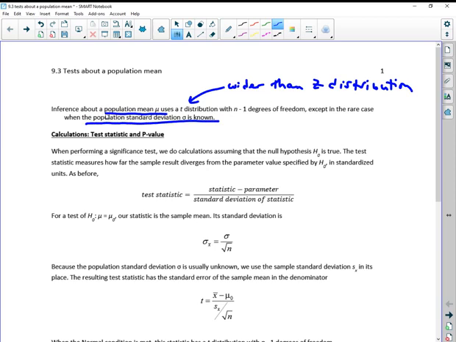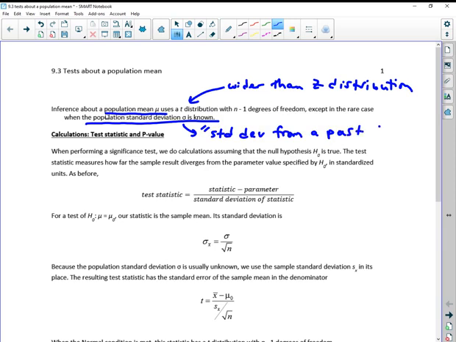How would you know if you had the standard deviation known? In the AP test, it happens very seldom, but probably in the multiple choice is most likely. But how would you know it? They would have said that you had a standard deviation from a past study.